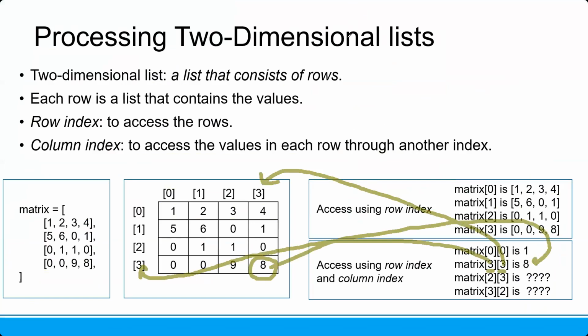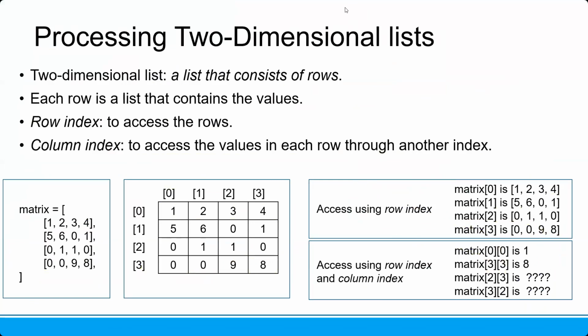Okay. What is matrix 2, 3? This is row index 2 and then column index 3. So what is the value here? It is 0. Okay.